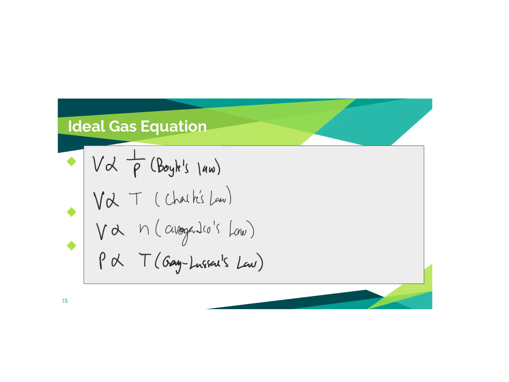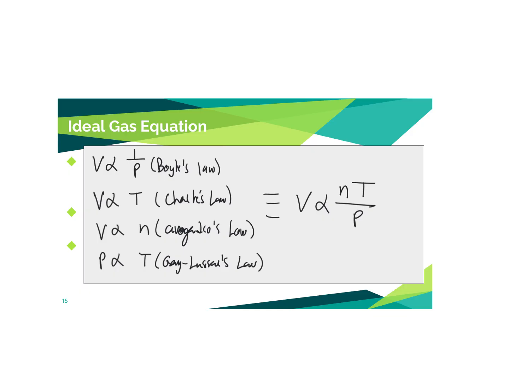And so if we want to put this all together, this is basically telling us that volume is proportional to the number of moles from Avogadro's law, the temperature from Charles's law, and inversely proportional to the pressure from Boyle's law. And so if we want to turn this proportionality into an equation, we need to add a constant.